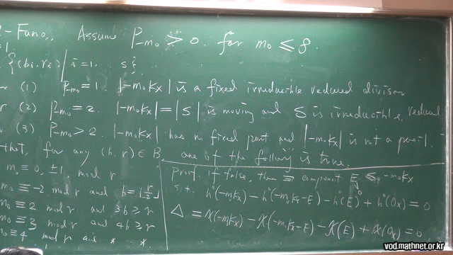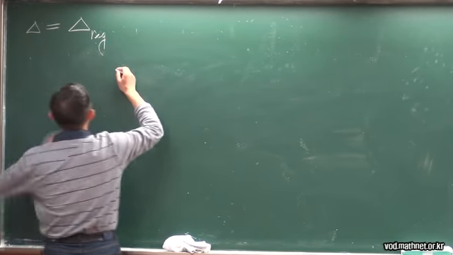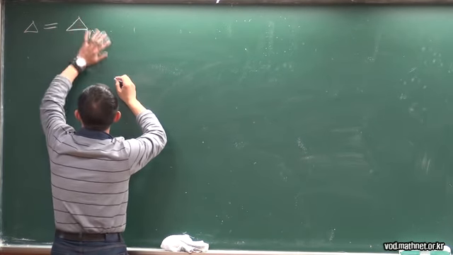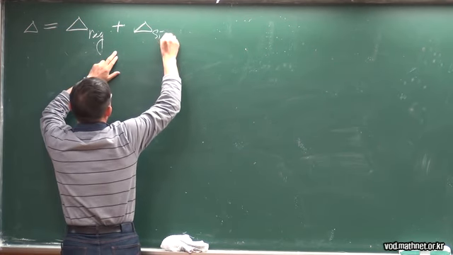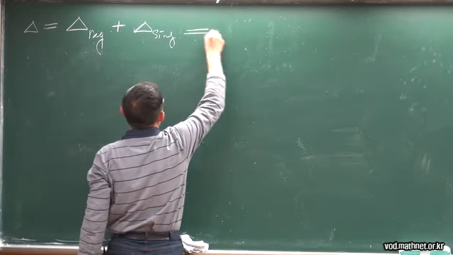The regular part is the normal Riemann-Roch without considering singularities. So delta can be written into two parts: one is the regular part, the normal Riemann-Roch part, and the other is the singular part.